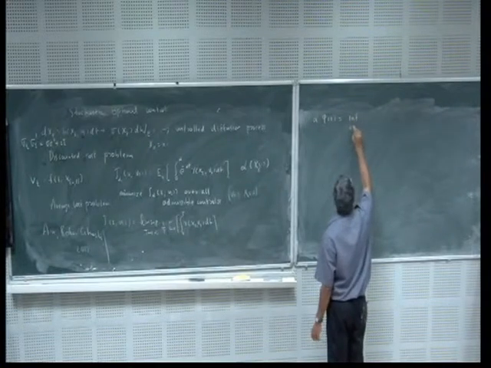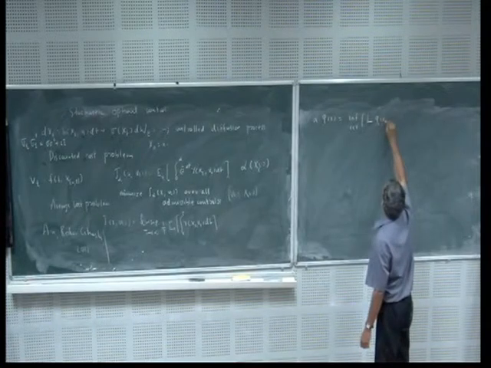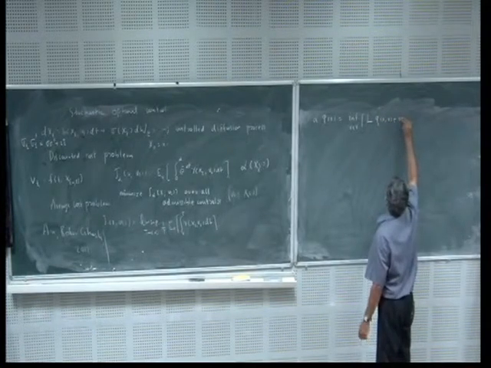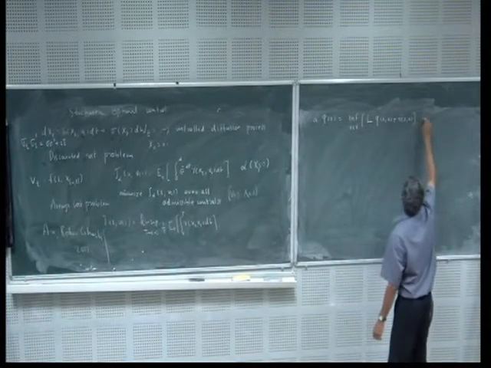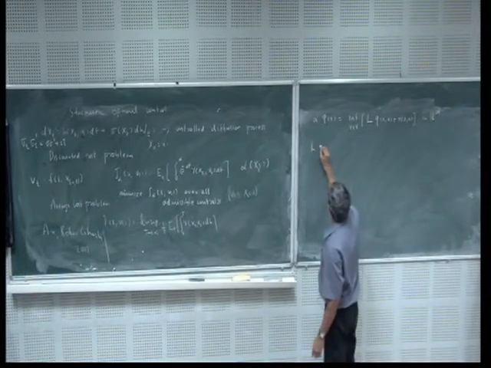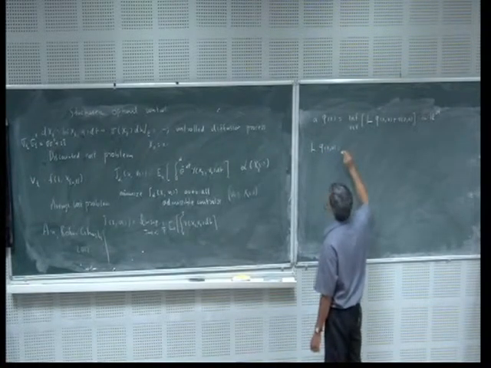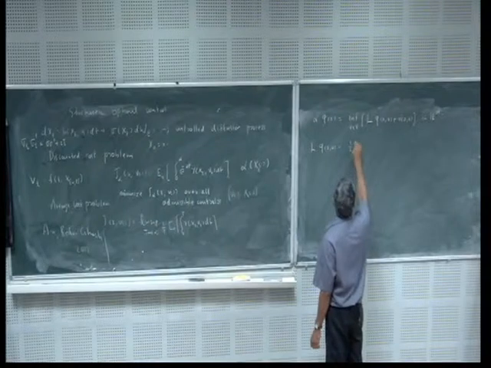Okay. I'll make one more comment. Here, L phi of x v is coming from the generator. So it's going to be 1 by 2.